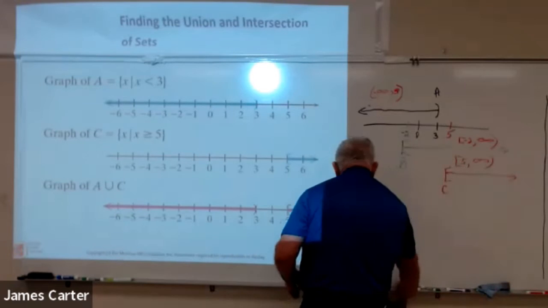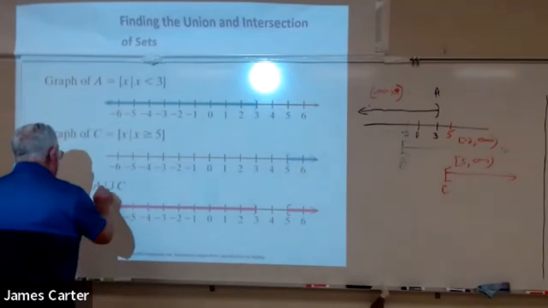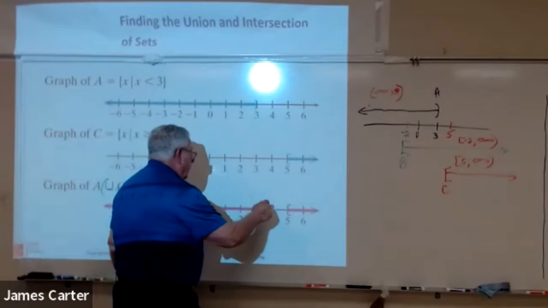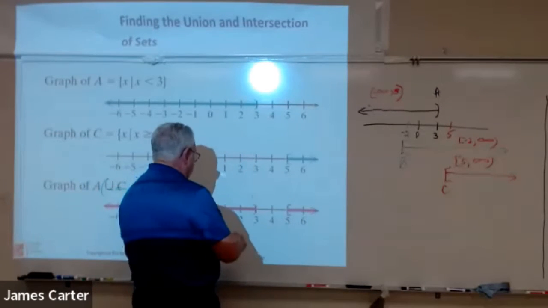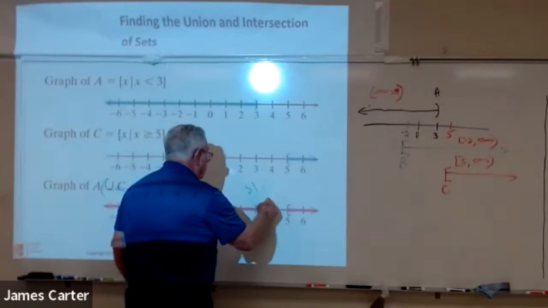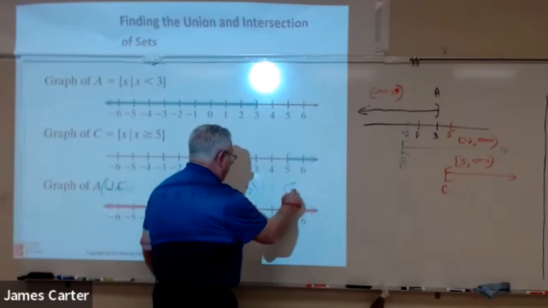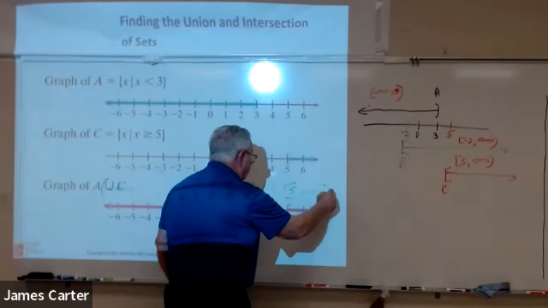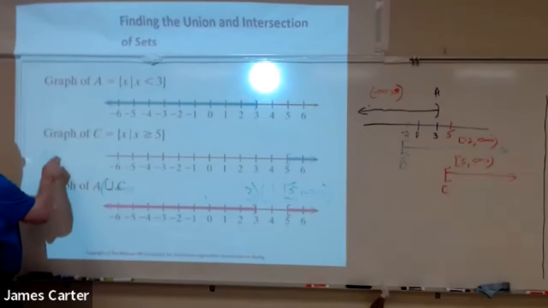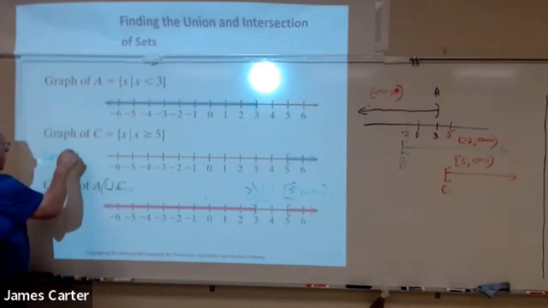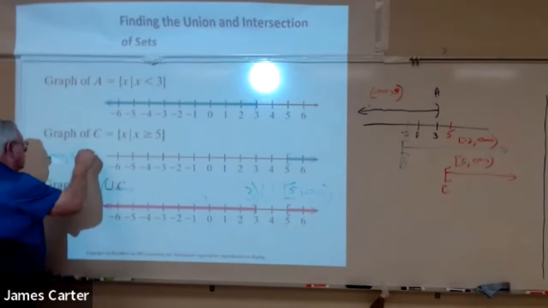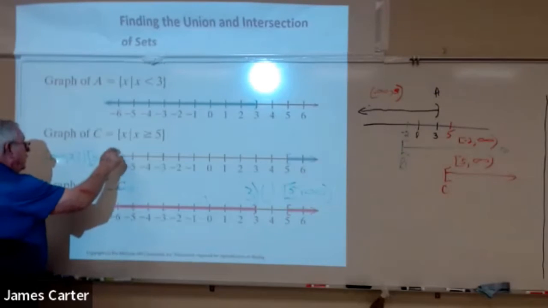So in this case, we would be going from negative infinity to 3, non-inclusive, union with 5 inclusive to positive infinity.